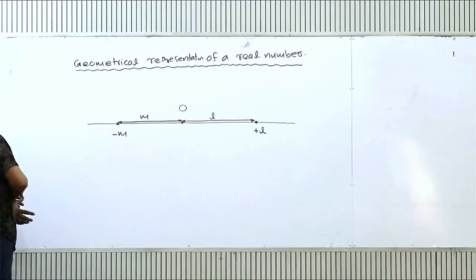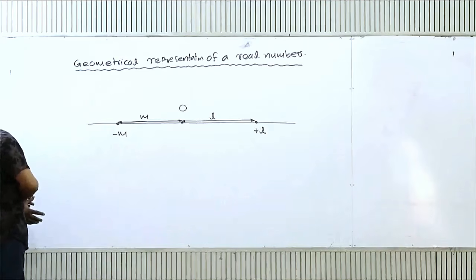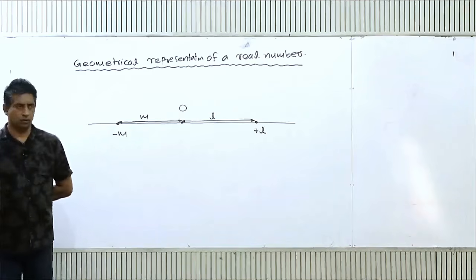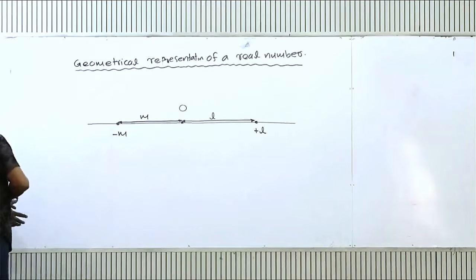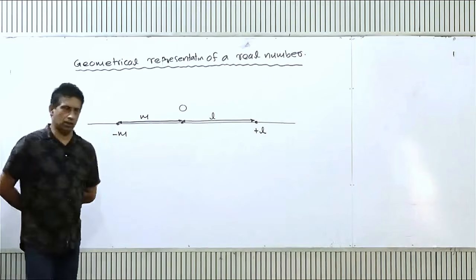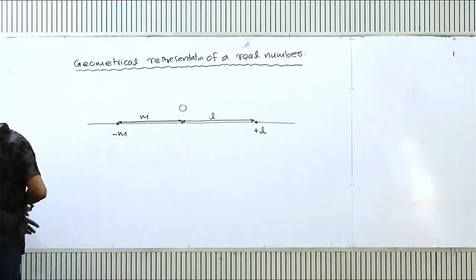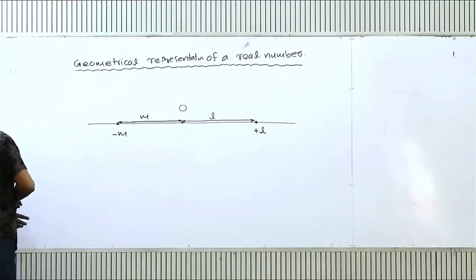So this is called one-to-one correspondence between the real numbers and points on the line.